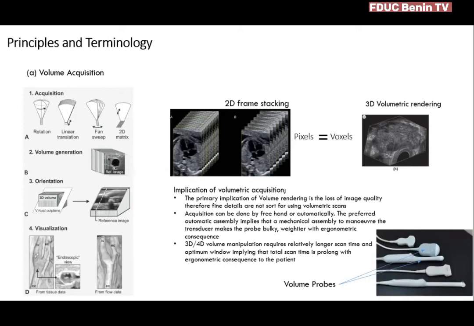Based on this, we encourage practitioners not to necessarily do 3D acquisition where fine, centimetric and millimetric details are needed, for instance to identify microcalcifications in a lesion. Whenever this is our focus, we suggest that we go ahead and complete the scan using the 2D probe, simply because it would still preserve the image quality.